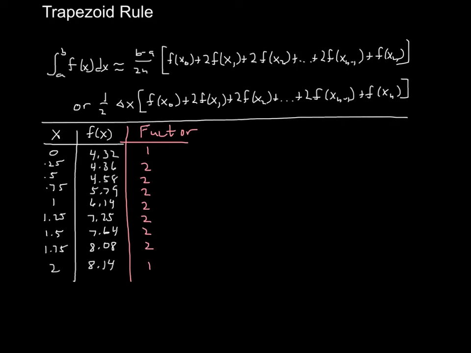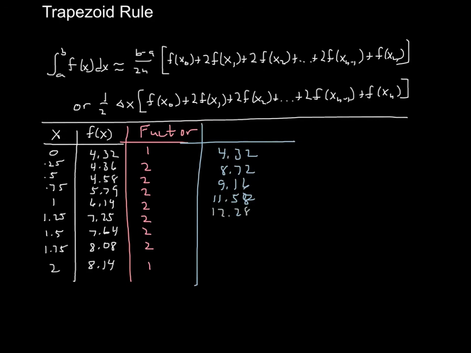Now I'm going to create the next column, where I multiply f of x times its factor. So I'm going to get 4.32. 2 times 4.36 is going to be 8.72. 2 times 4.58 is going to be 9.16. 2 times 5.79 is going to be 11.58. 2 times 6.14 is going to be 12.28.